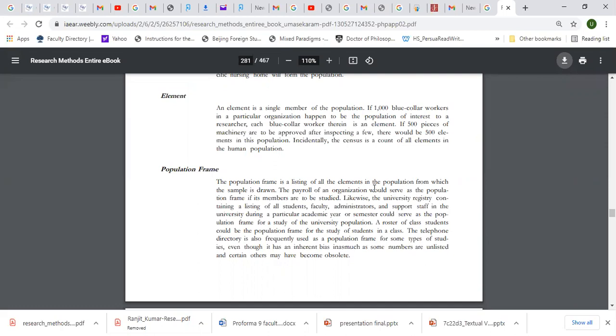If you're taking BS English students, and you ask me for the list of all the students of the department, this is actually a population frame in which every element of the population from which you want to take the sample, which is going to be the part of your study. That complete list is going to be the population frame from which you're going to take those 25 or 30 students.